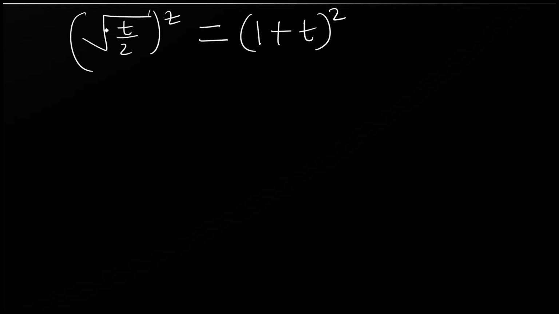So this one is cancelled. We'll have t on 2 here, whereby this side will be, now let's expand this. 1 squared is 1 plus 2 times 1 times t, 2t, plus t squared.